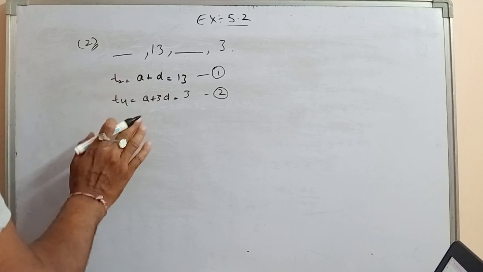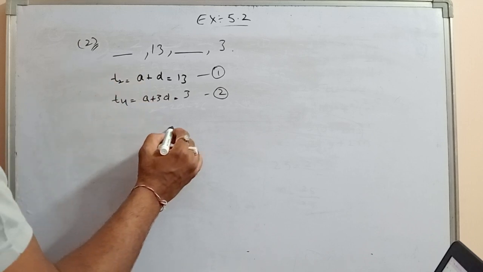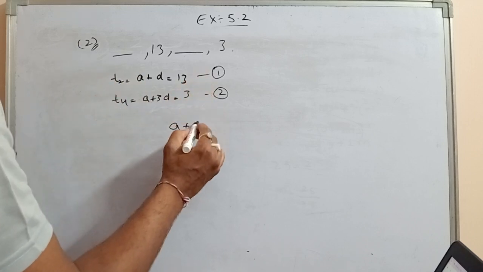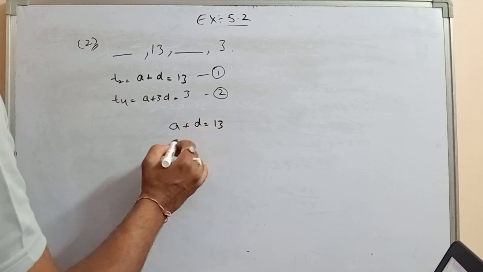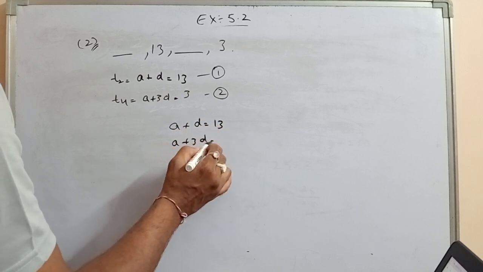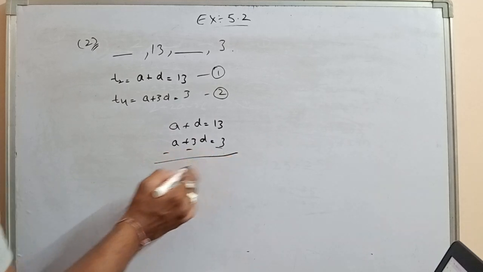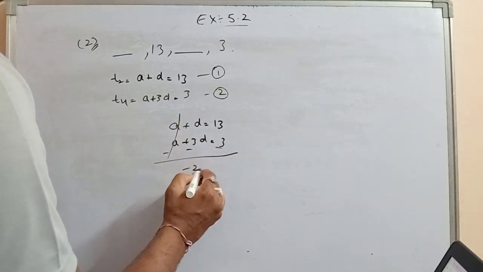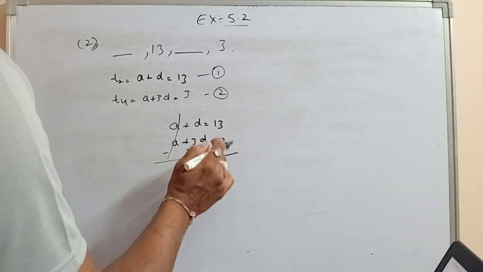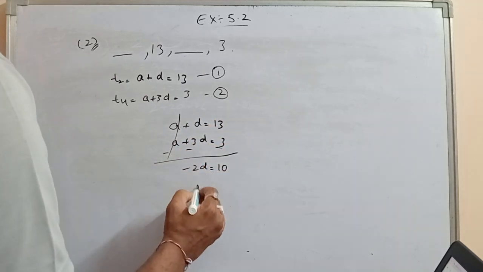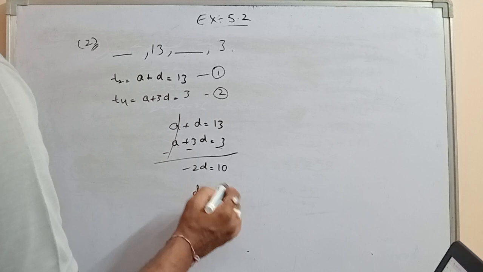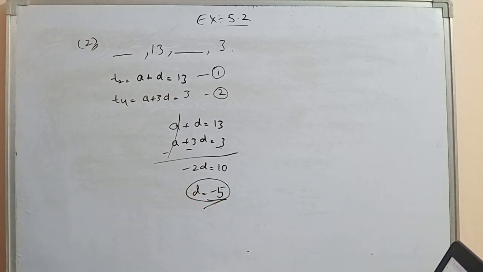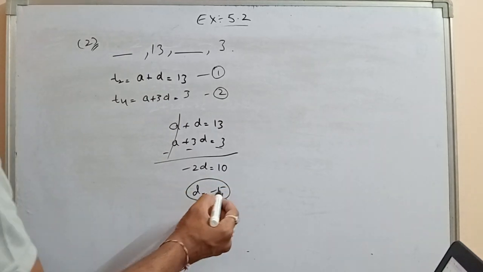Solving equations 1 and 2, a plus d is equal to 13, a plus 3d is equal to 3. By subtracting, a and a get cancelled. So d minus 3d is minus 2d is equal to 13 minus 3, which is 10. So the value of d will be minus 5.